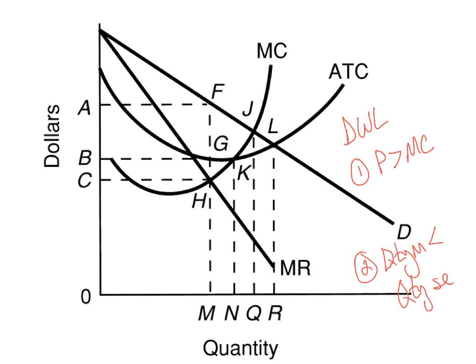So we will go to this point here. We will also go to marginal cost and the price that is set, and this triangled area will represent the deadweight loss that is created by the monopolist.